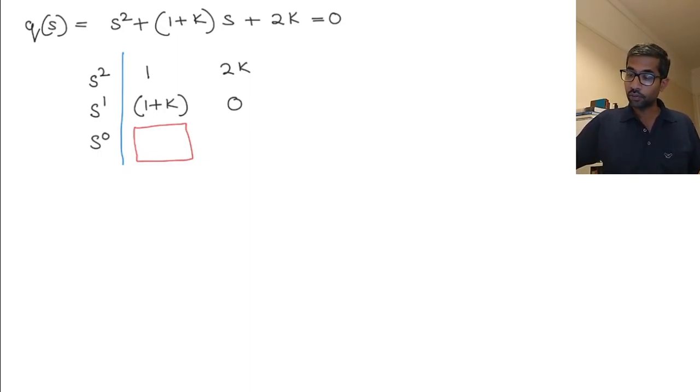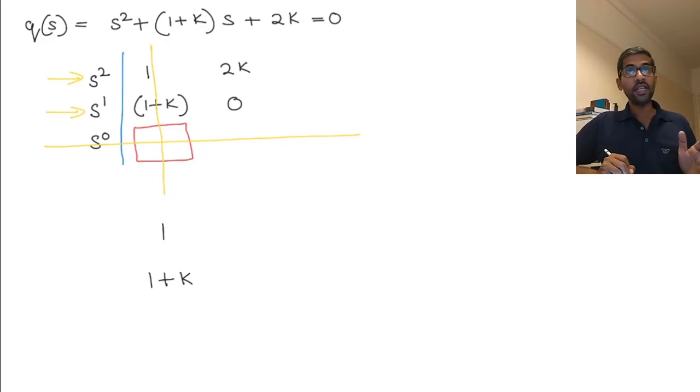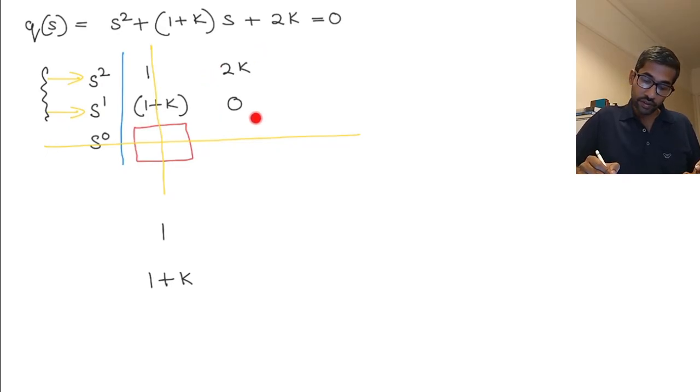Now what we want to evaluate is the value that would go at this place. To do that, we first figure out which is our row of interest and which is our column of interest. So this is our row of interest and this is our column of interest. So we take the two rows that are above our row of interest, and we take the first two elements of those two rows, so 1 and 1 plus K. Then we take the two elements in these two rows which are immediately after the column of interest, which means these two values.